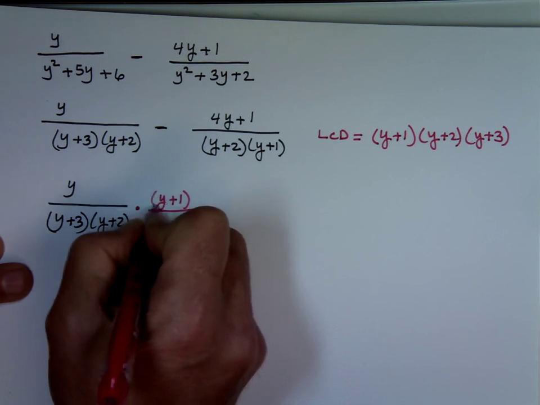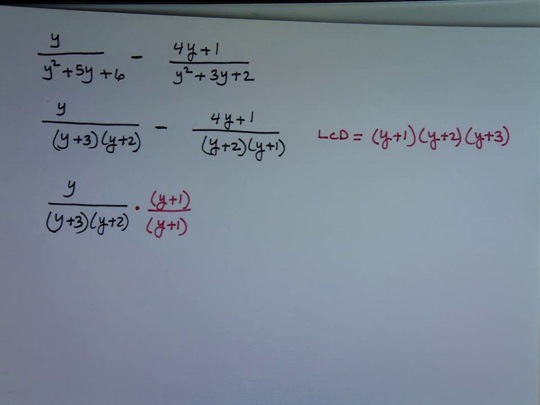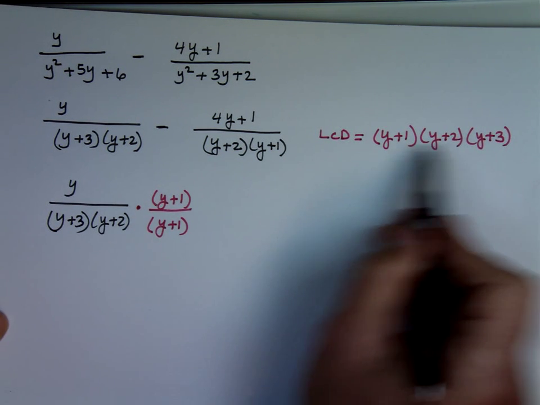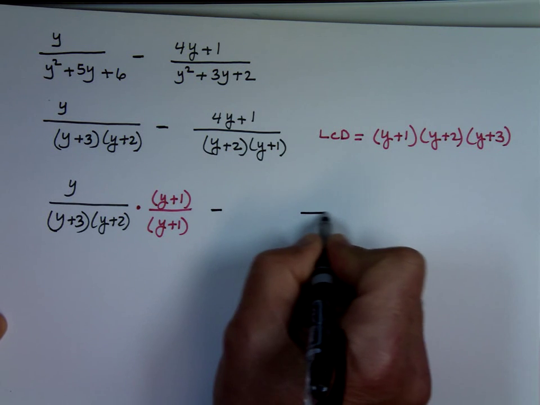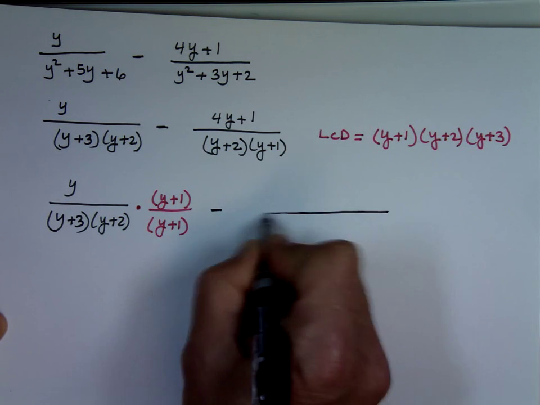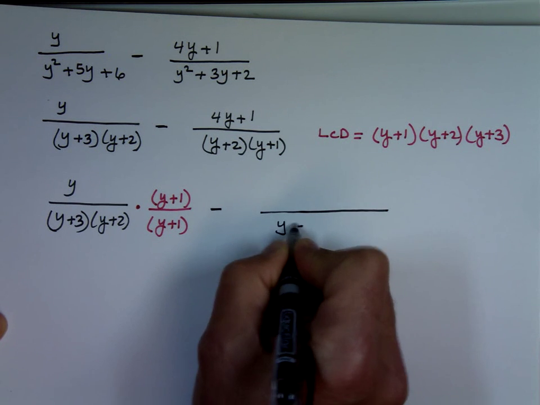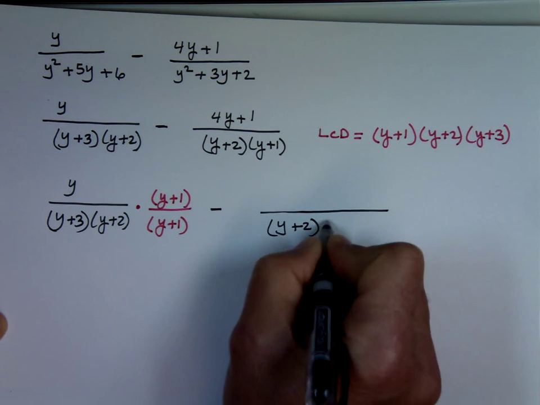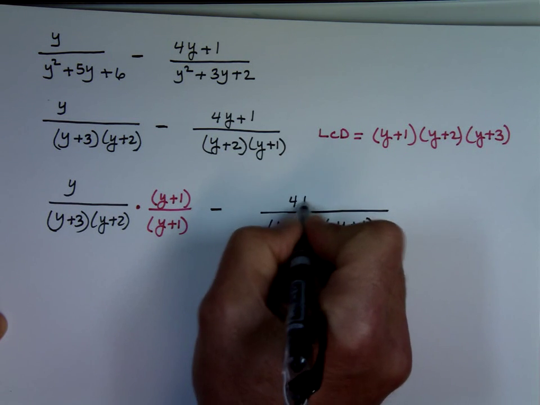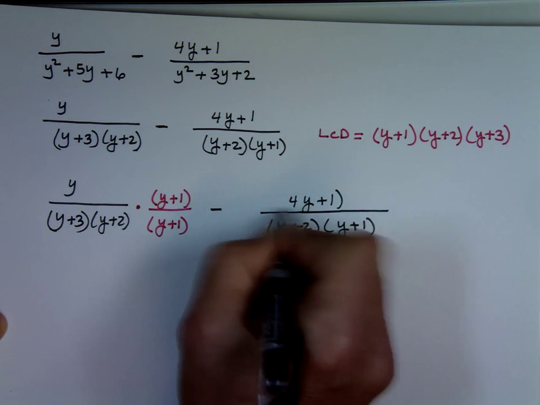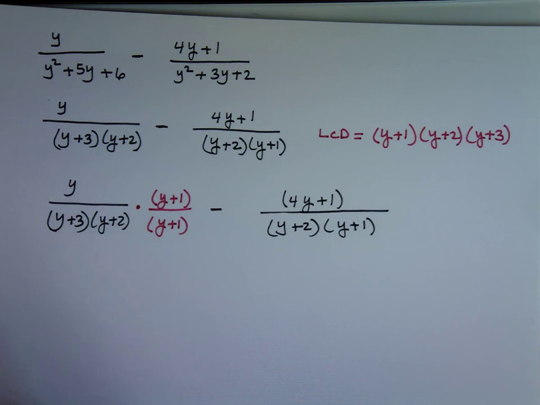Now you get all three of them in the bottom. Here's the minus, leave a space there. This is y plus 2, y plus 1, 4y plus 1. And again, to make this one look like this, it is missing the y plus 3.